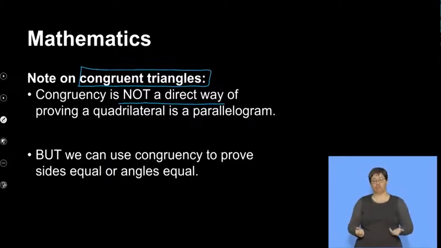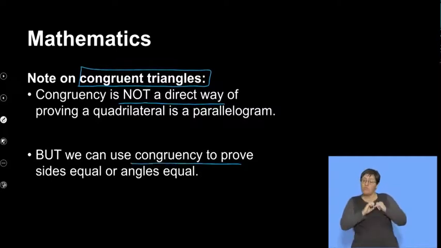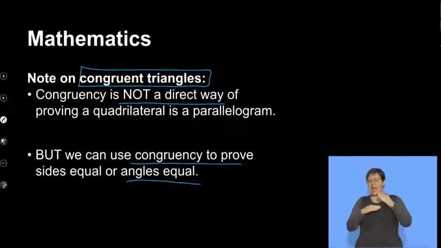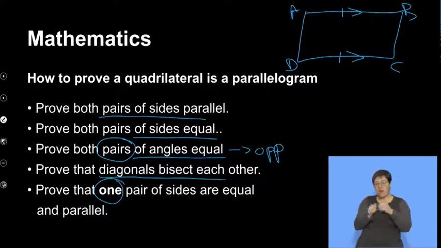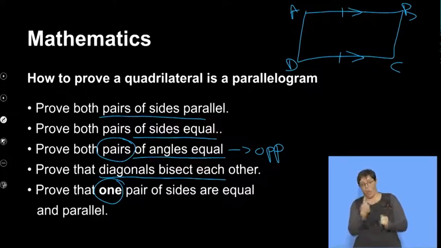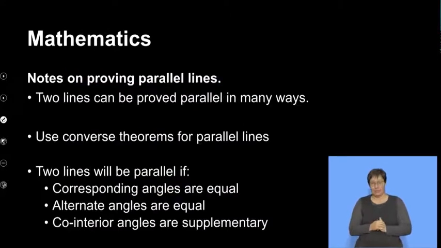But we can use this to try and talk about equal angles or equal sides in that particular shape. That will then take us back to my 5 options that I've given you: both pairs being parallel, being equal, the angles being equal, the diagonals bisecting. So you can use congruency to try and apply one of these options that I've given you here.